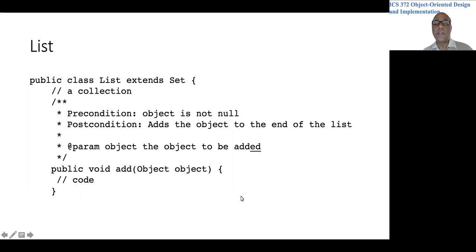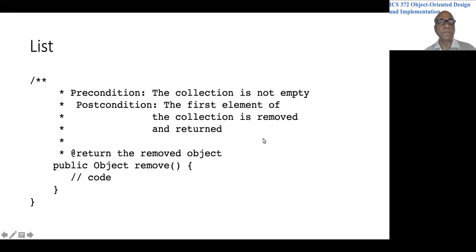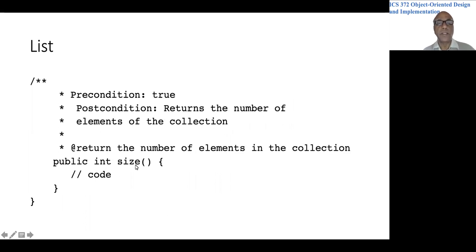So the new object will be added at the end of the list. So that is important. Remove removes the first element of the collection, unlike the set which removes any element. The precondition is still the same. The size method works exactly as before. There is no difference. It can be called at any time. It returns the number of elements of the collection.